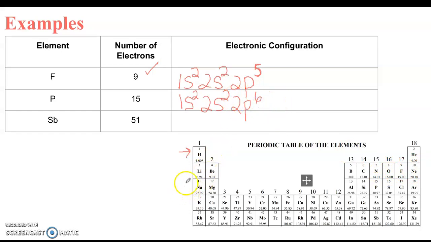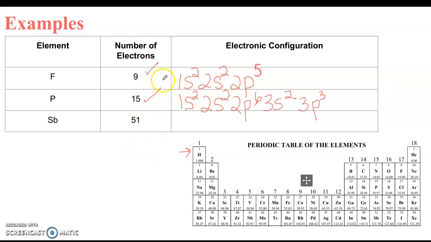I enter 3s. There are 2 electrons. And I now enter 3p, and there are 1, 2, 3 electrons in the p orbital. I'm going to check my work. 3 plus 2 is 5, plus 6 is 11, 12, 13, 14, 15. I again have all of my electrons.